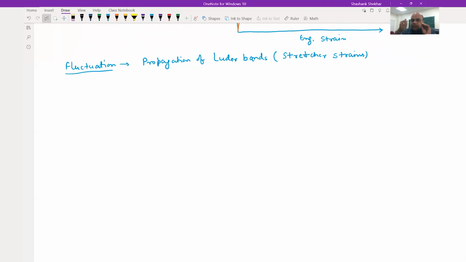Now, when you start stretching your sample, when you apply strain rate, what is happening? You have a very nice elastic regime that all of us know. Now, the upper yield point corresponds to a point where dislocations in a particular set of grains are leaving the Cottrell atmosphere. Now remember, the medium carbon steel we are talking about is a polycrystalline material. So some set of grains are going to be favorably oriented towards the tensile axis.